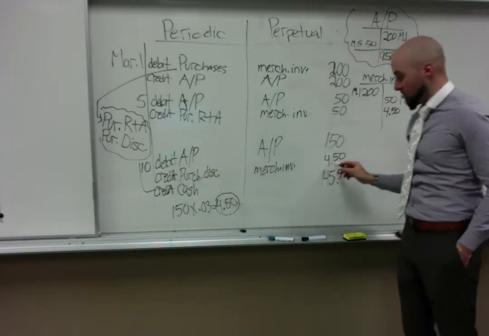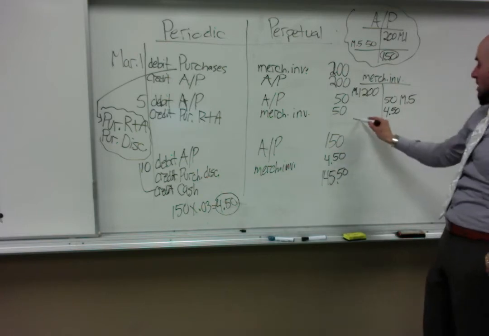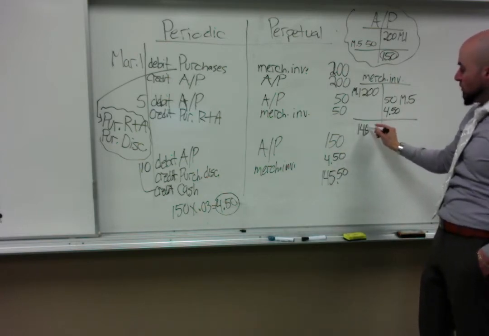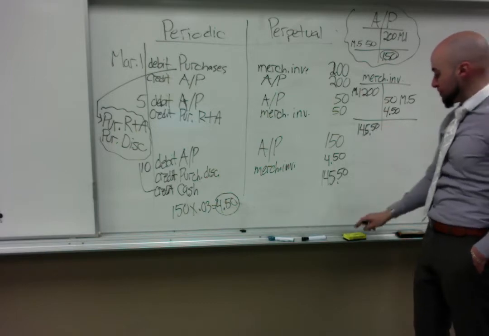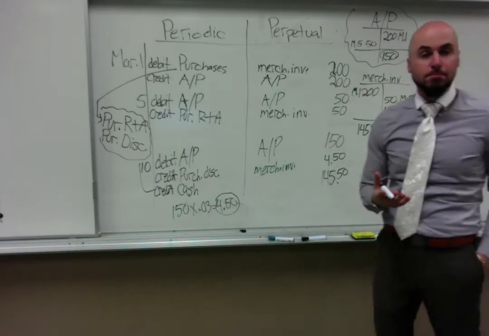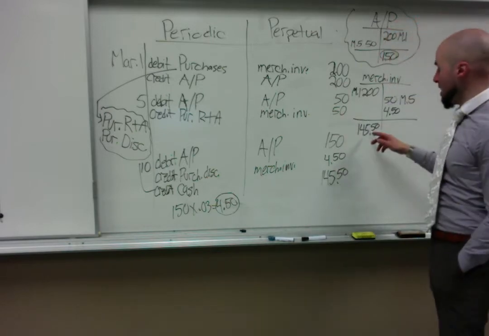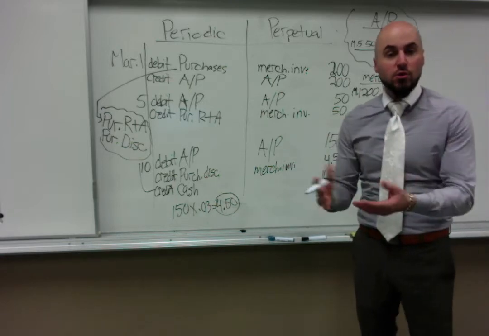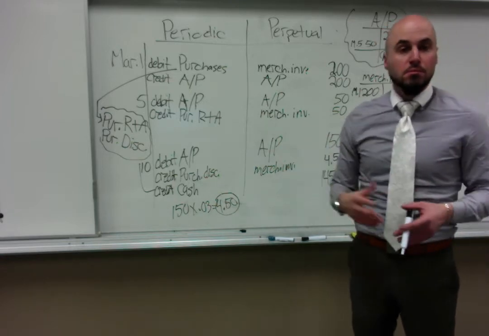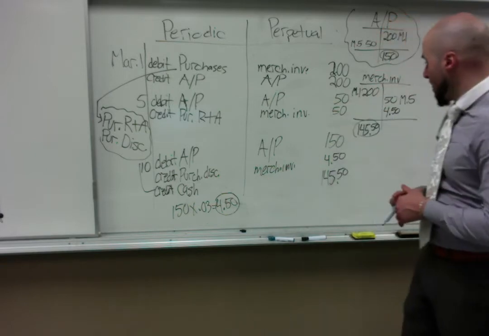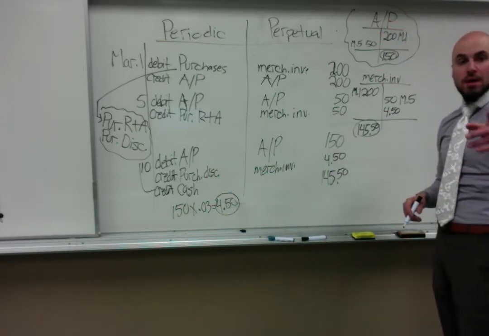Credit merchandise inventory $4.50, okay? Which means that it has a remaining total of $145.50. Get that? $145.50 is the amount of inventory, our cost of the inventory, and now we can do what we want with it in terms of pricing. You got that?